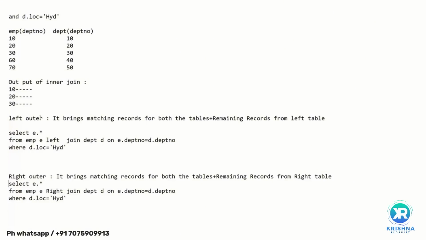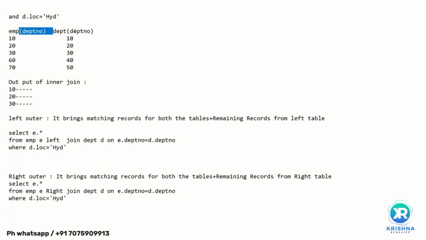Similarly, table 1 means employee I have taken, table 2 means department I have taken. Generally for simplicity they will give table 1 T1, table 2 T2, with only one column in both tables. Here also I have one column, that is department number. I have 1, 2, 3, 4, 5 in column 1.